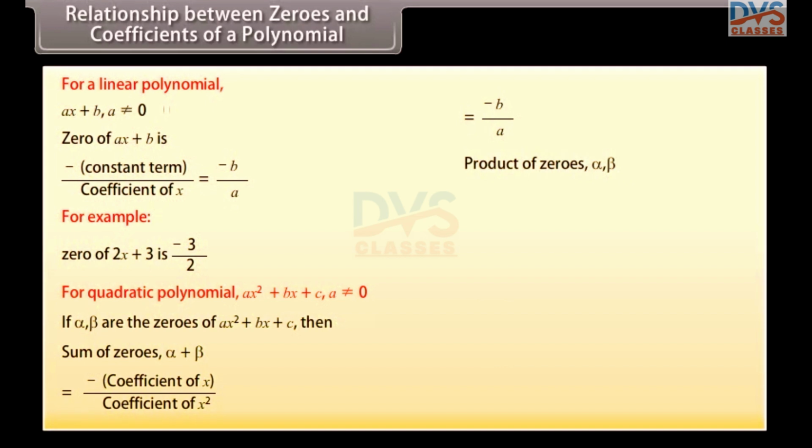Product of zeros alpha beta is equal to constant term upon coefficient of x square is equal to c upon a. For example, if alpha, beta are the zeros of 2x square plus 3x plus 2, then alpha plus beta, which is equal to minus 3 upon 2. Alpha beta is equal to 2 upon 2, which equals 1.